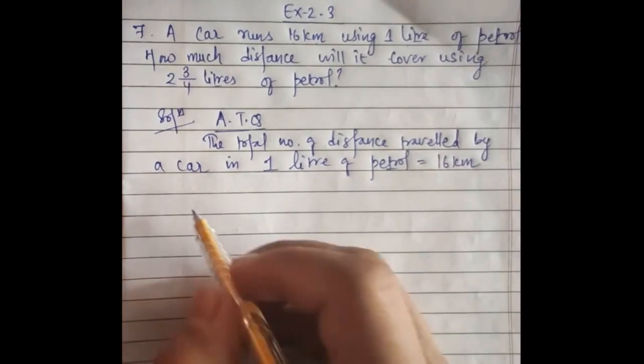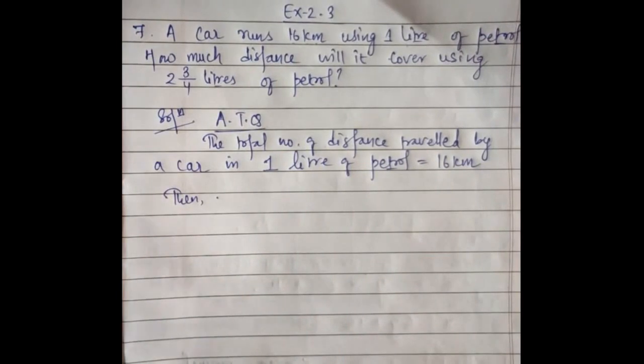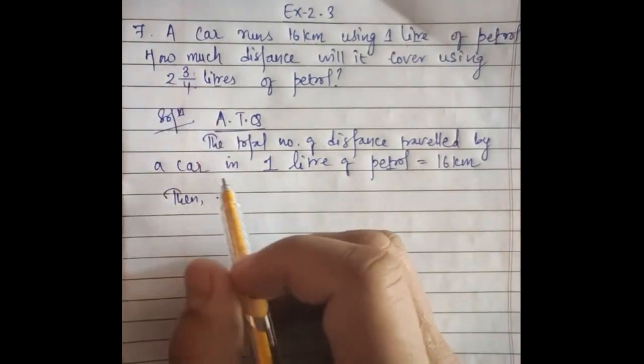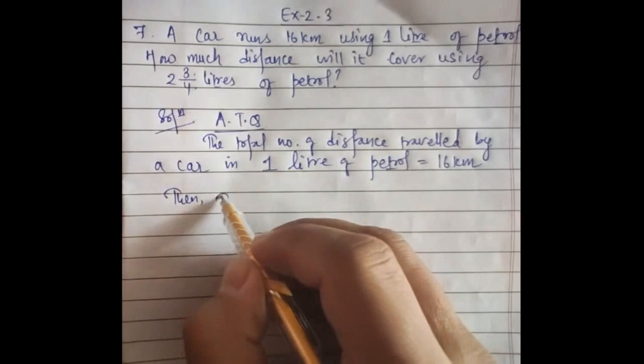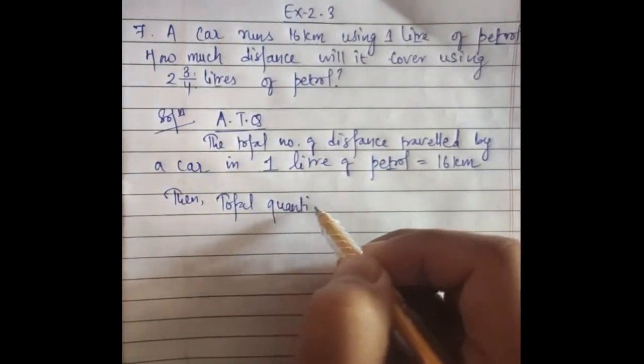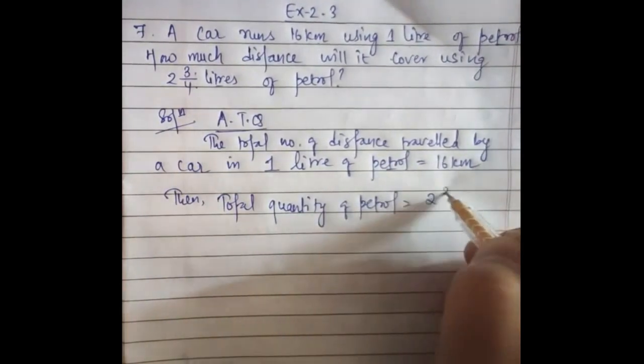Now we have to find the distance within 2 whole 3/4 liters, right? So we will write the total quantity of petrol. The total quantity of petrol we have is 2 whole 3/4 liters.